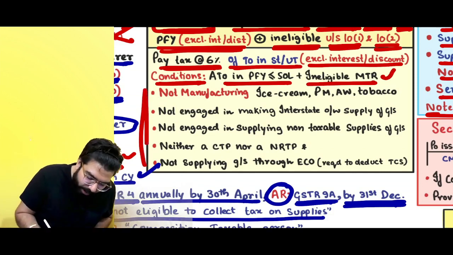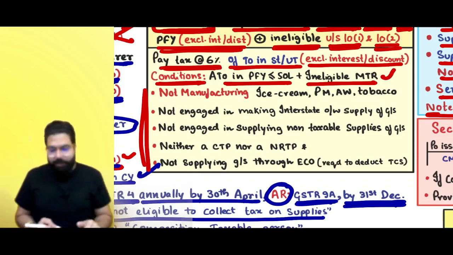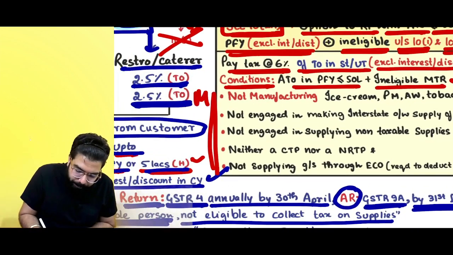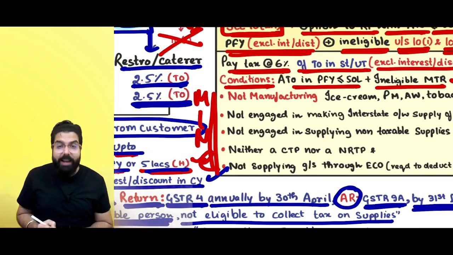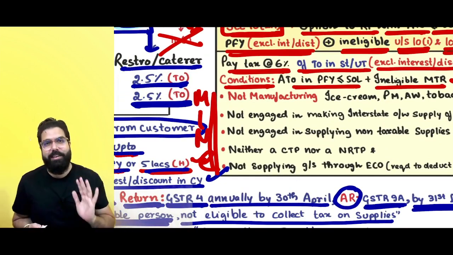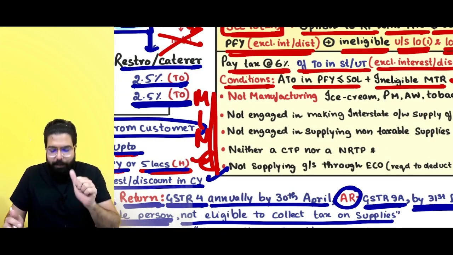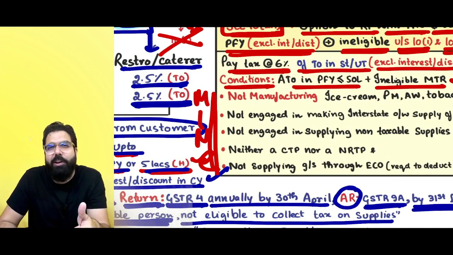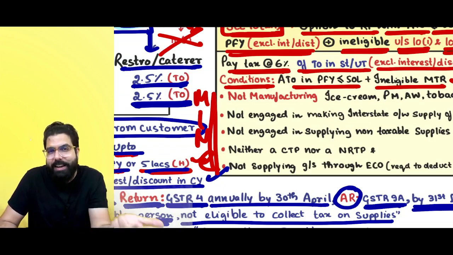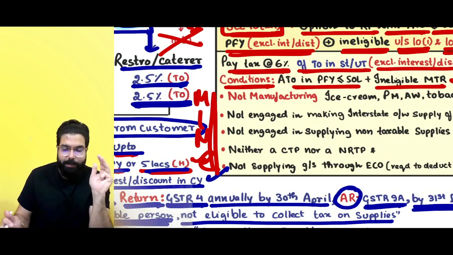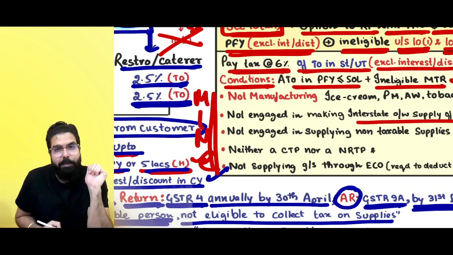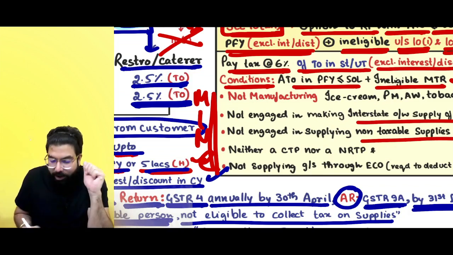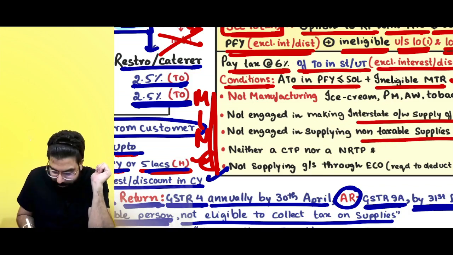Section number 10.2A says, if you are a person who is MINE, then you are ineligible. Sir, who is MINE? Means if you are a manufacturer of PAIT, then also you are ineligible. I for interstate outward supplier, then also you are ineligible. Non-taxable goods ka supplier, then also you are ineligible.